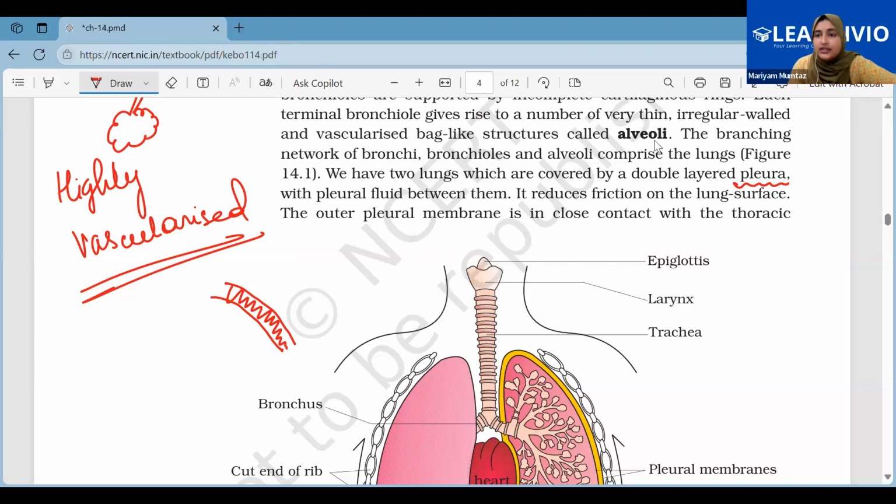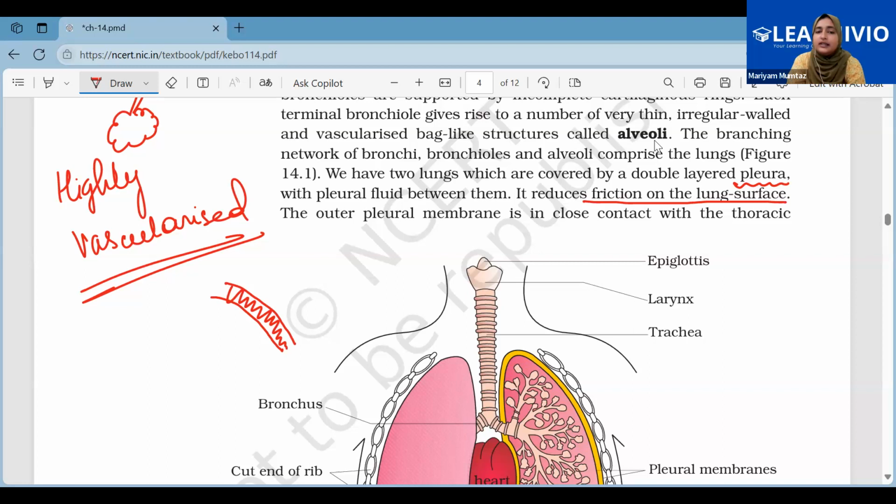So talking about this, the pleura is the layer which surrounds the lungs, and in between the pleural membranes or the pleural layers there is the presence of pleural fluid. What this pleural fluid does is that it reduces friction on the lung surface, so that the lungs can smoothly expand and then go back to their normal state.